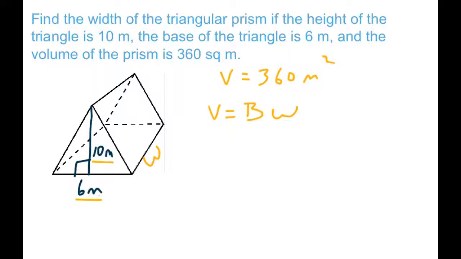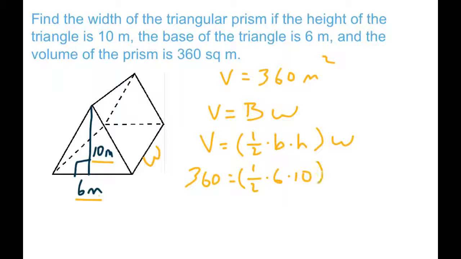For this triangular prism, big B is the area of a triangle, and that formula is 1/2 times the base, little b, of the triangle, times the height of the triangle, and then times the width of the prism. So let's substitute some numbers in. We'll put 360 in for volume. 1/2 times the base of the triangle is 6. The height of the triangle is 10. And then the width, we don't know, that's W.